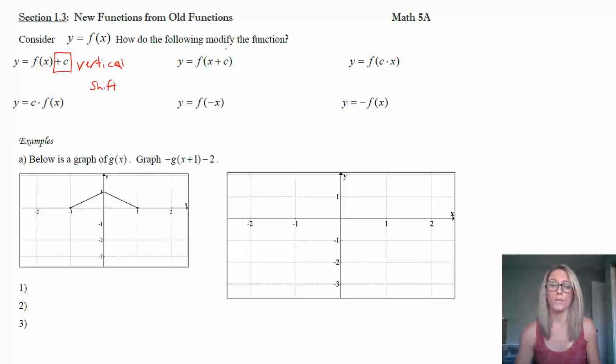When you do the same thing, but you add that constant, and again, positive or negative, within the x value. So you're actually changing the x value, not the y value. You change the x value, which of course then changes what the y value is going to be. But what happens there, it actually creates a horizontal shift.